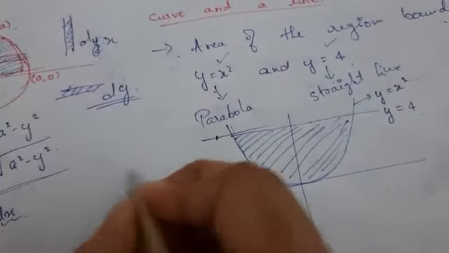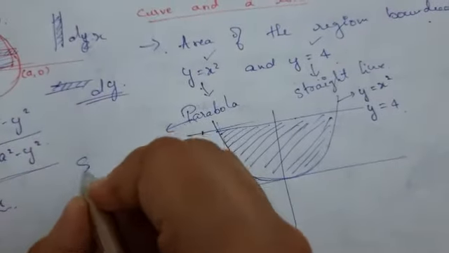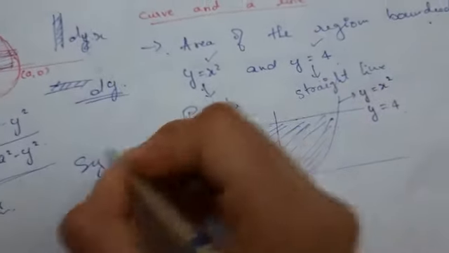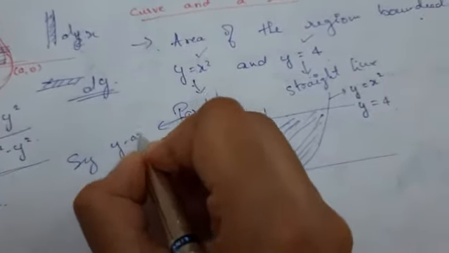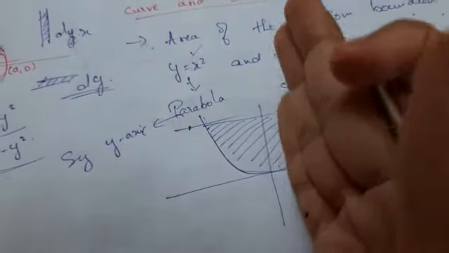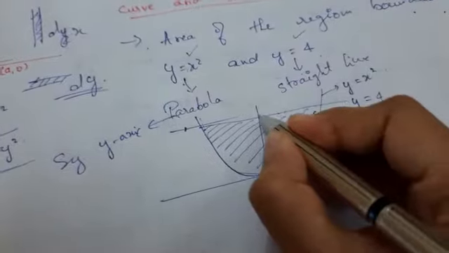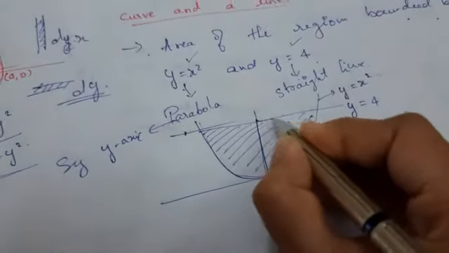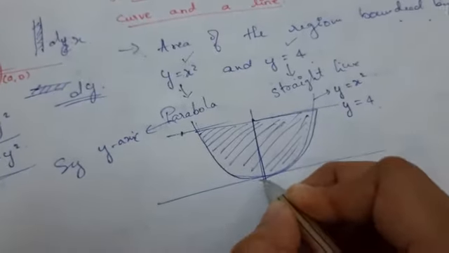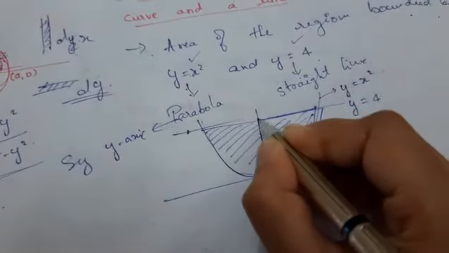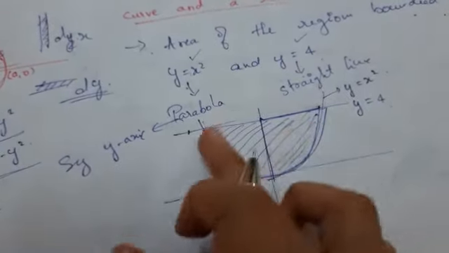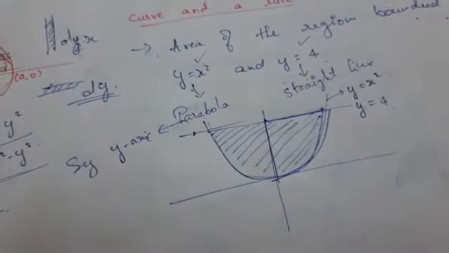Since we clearly know that the parabola is symmetric about the y-axis, suppose I find the area of this one and multiply this area by 2, we are going to get the complete required area.